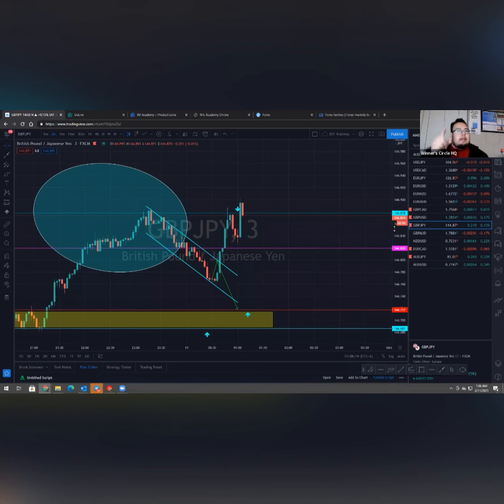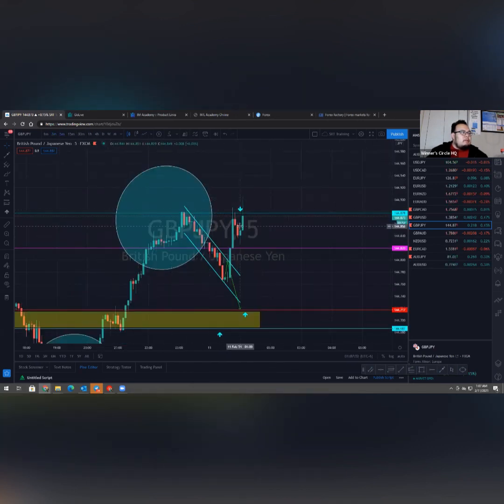So whenever you're looking at Euro news, don't only look at Euro. Look at this. We'll do 5 minutes. Here's that 5-minute candle. This is that little strength that it gained from that Euro news. It's a little strength.